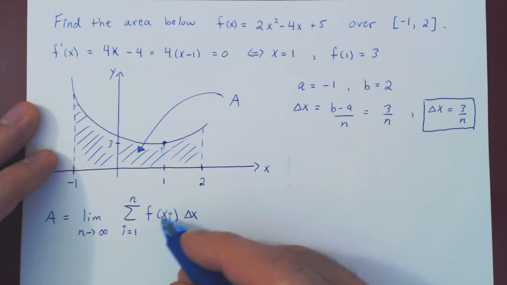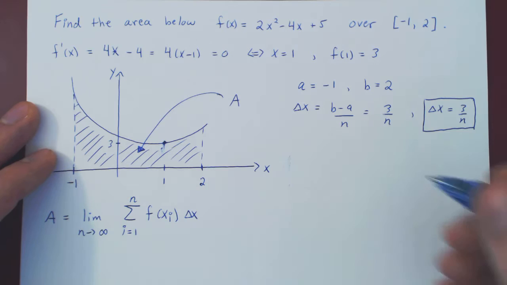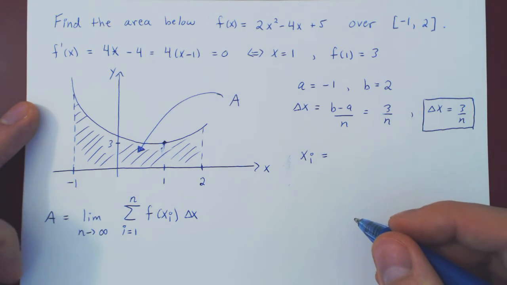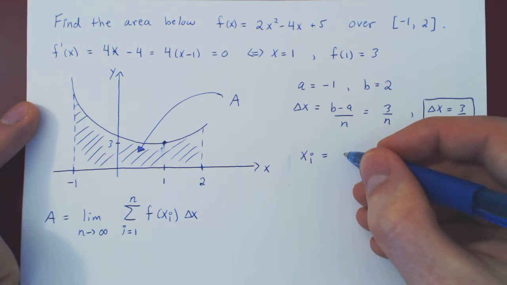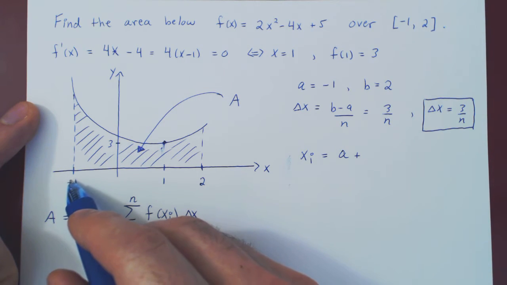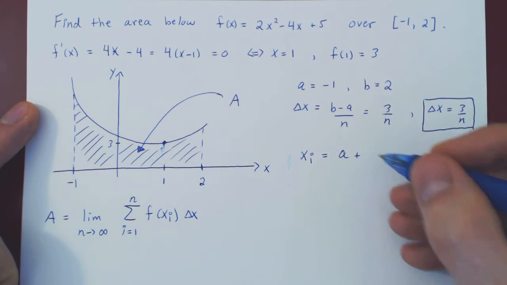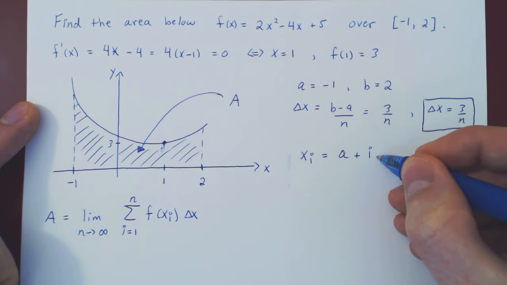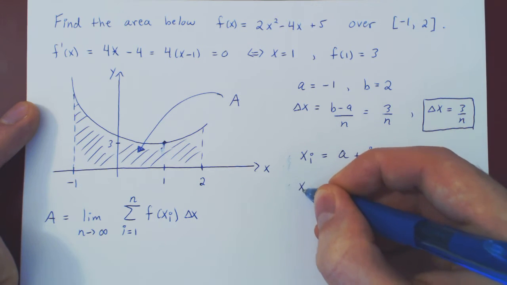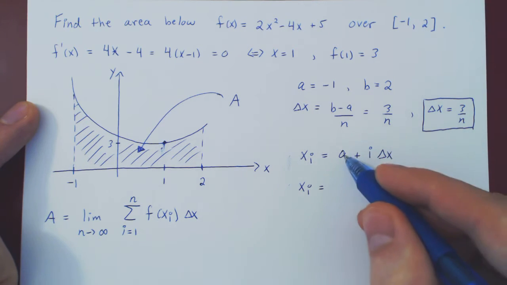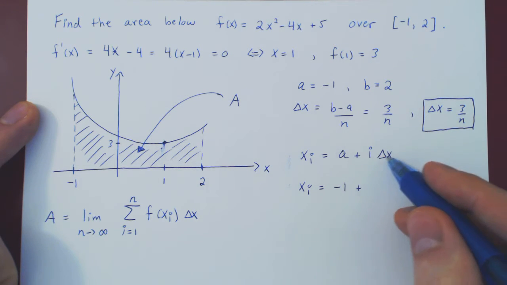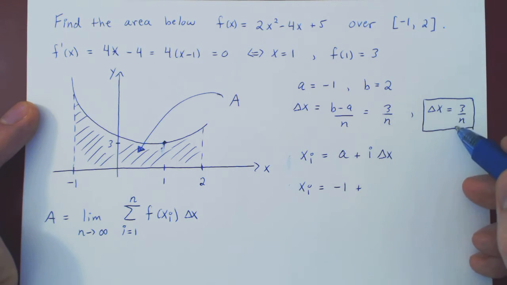Well, to calculate f of xi, you need xi. Well, what is xi? Xi, if you remember, is a plus i delta x. So we start with the left-hand point and we add i steps of delta x to obtain the right-hand point of the ith interval. We can now replace a is negative 1 plus i times delta x, but delta x is 3 over n.